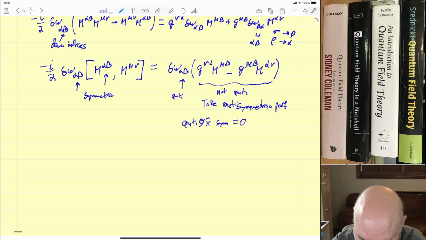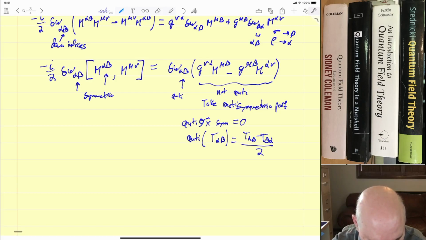The anti-symmetric part of T alpha beta is just equal to (T alpha beta minus T beta alpha) over 2. So that's what we're going to do here.